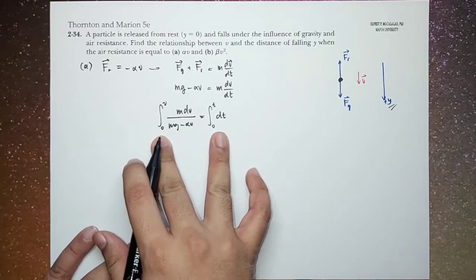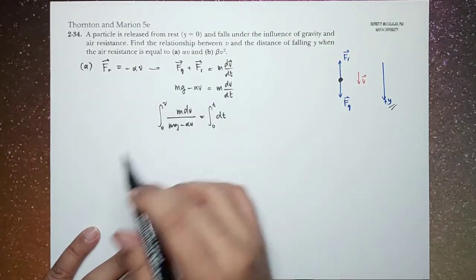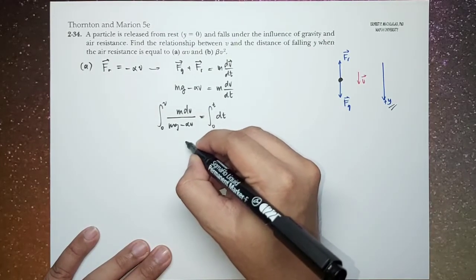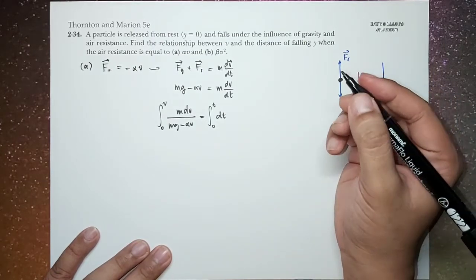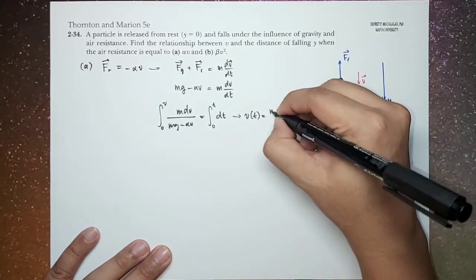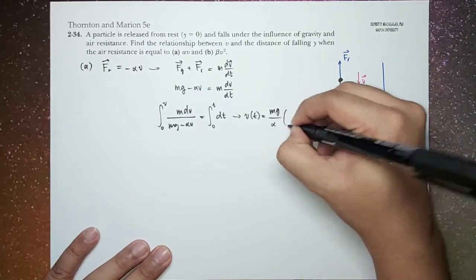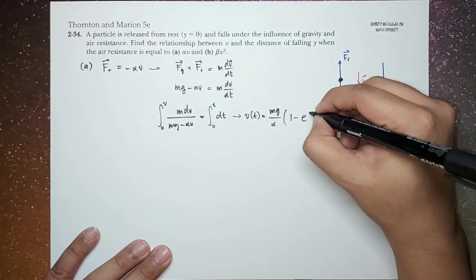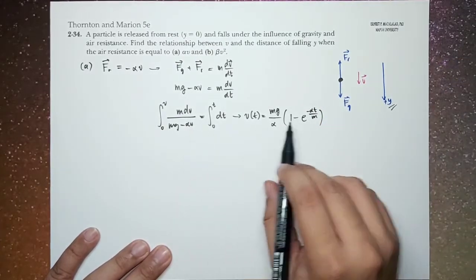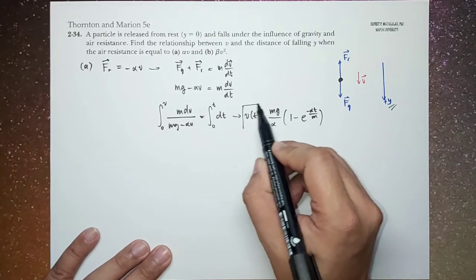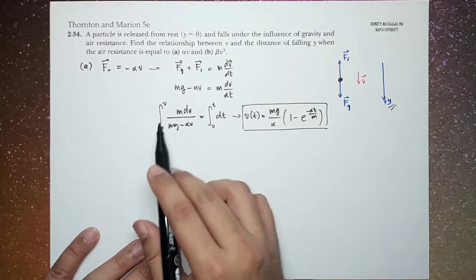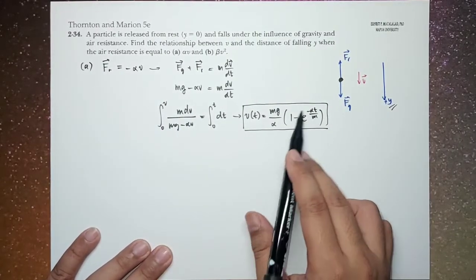This becomes a natural logarithm, and the end result here is v equals mg over alpha times 1 minus e to the negative alpha t over m. You can solve this in your own time. Hint: this becomes a natural logarithm, that's why there is an exponential here.